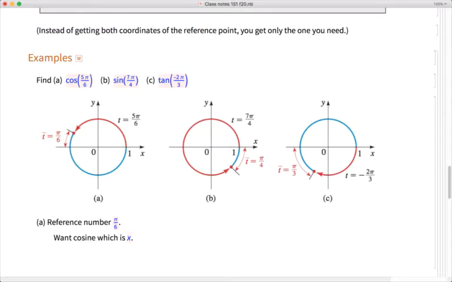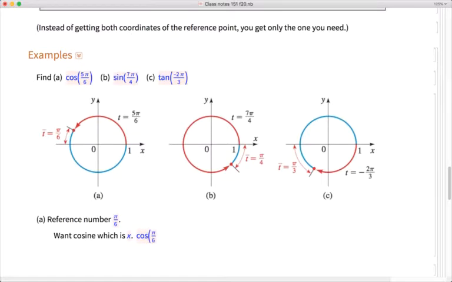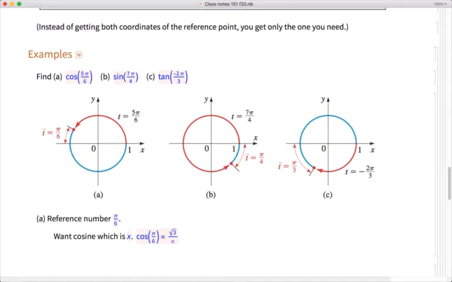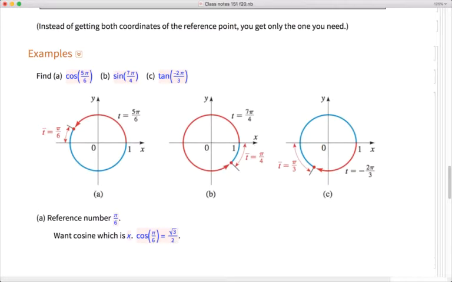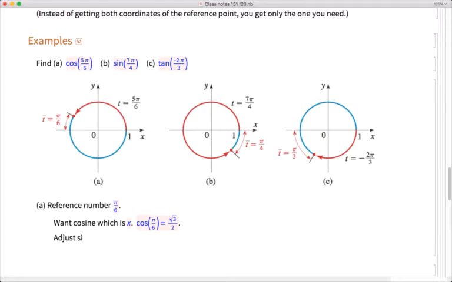It's hard not to actually think about the terminal point. Okay, so this is a shallow angle, so the cosine of pi over 6 is root 3 over 2.